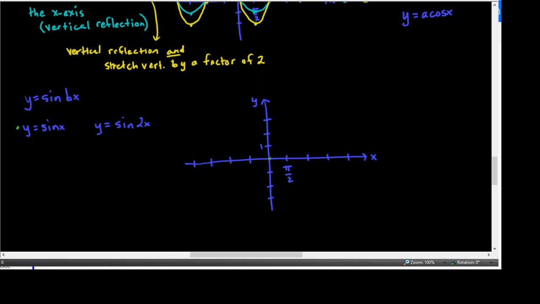So sine of 0 is 0, so middle, high, middle, low, middle, going the other way, low, middle, high, middle. And to do this second one, I'm going to make a table of values.